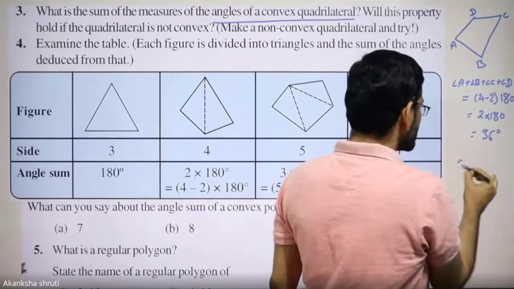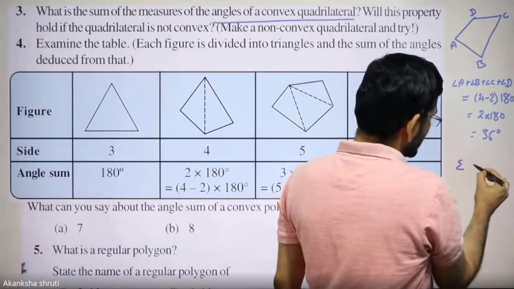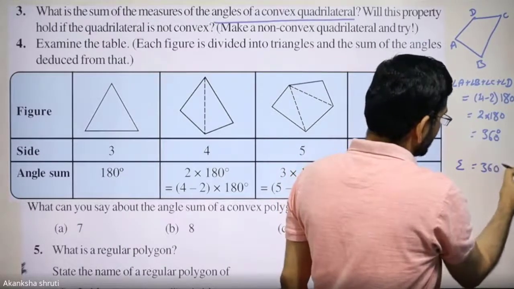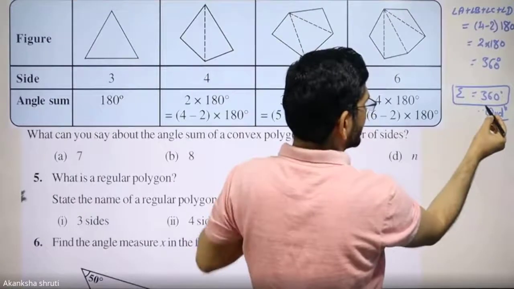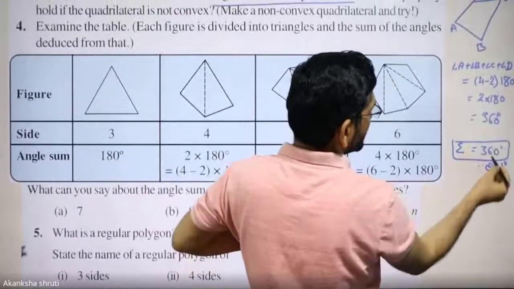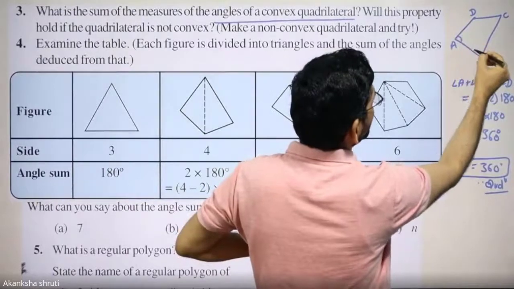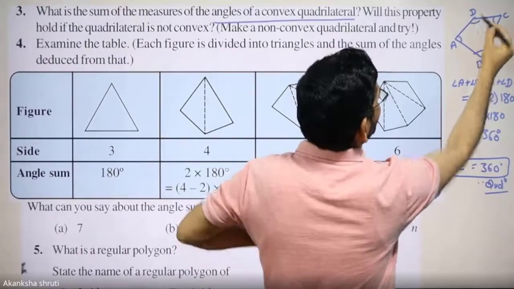Okay. So the sum of all the internal angles of a quadrilateral is 360 degrees. Here I have explained by considering the convex quadrilateral.